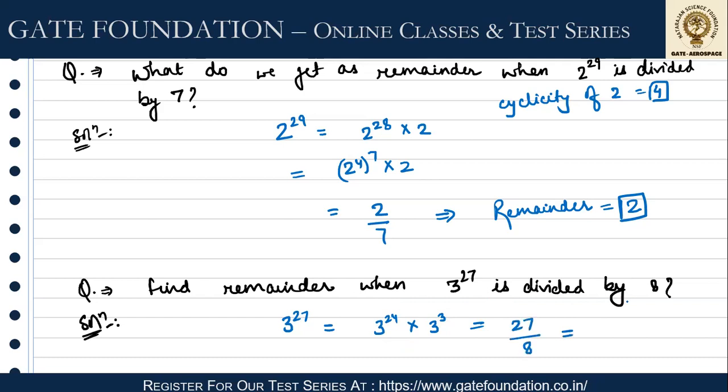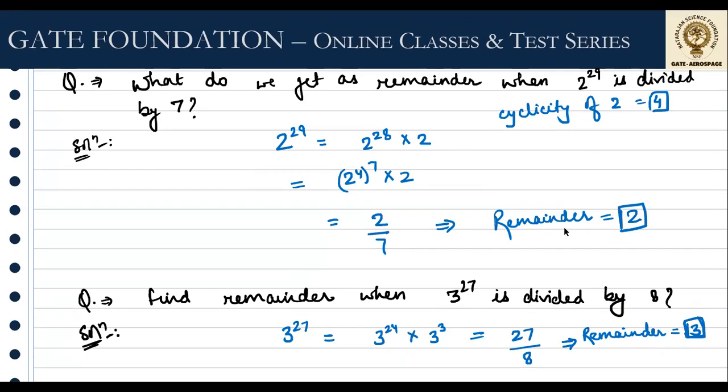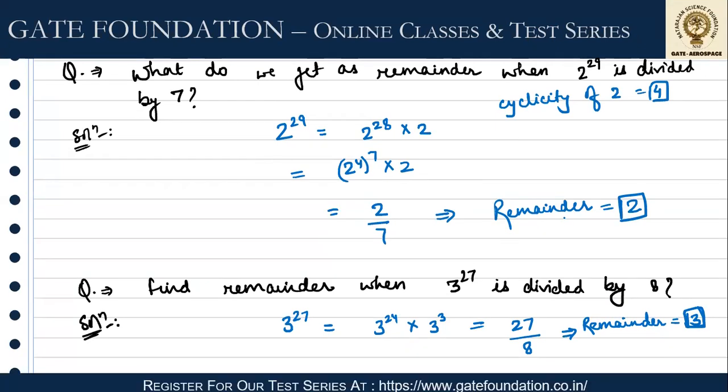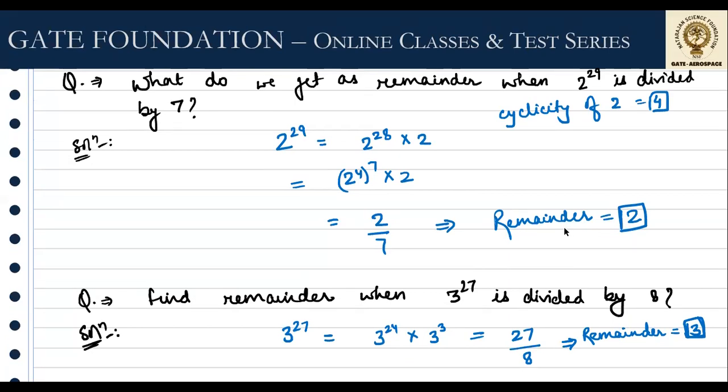So when 27 is divided by 8, what is the remainder that you get? 3. So the answer will be 3. Fine. So this will be the remainder.